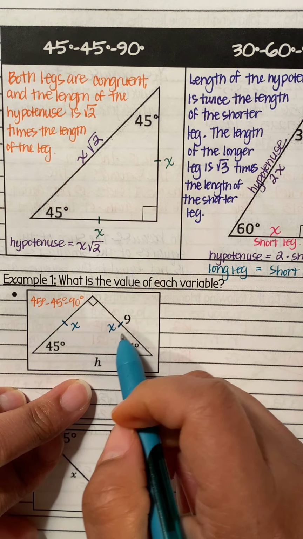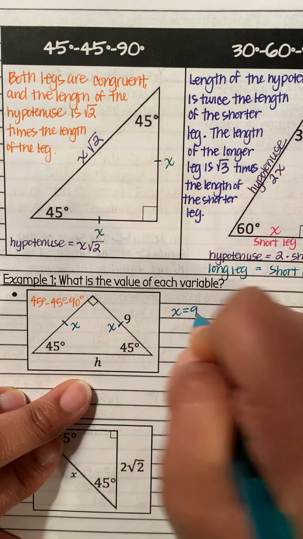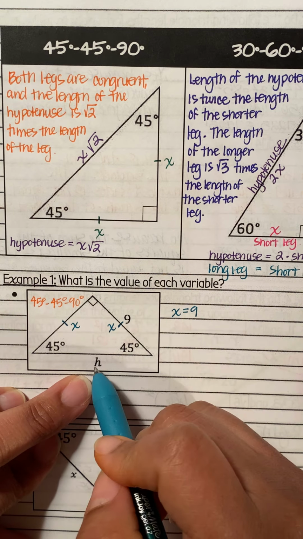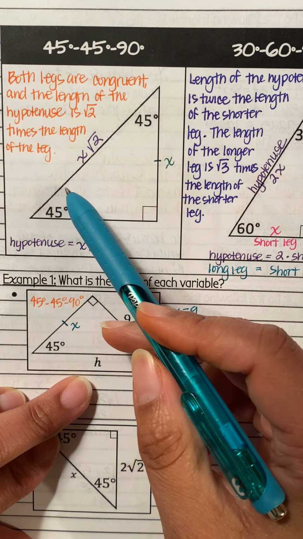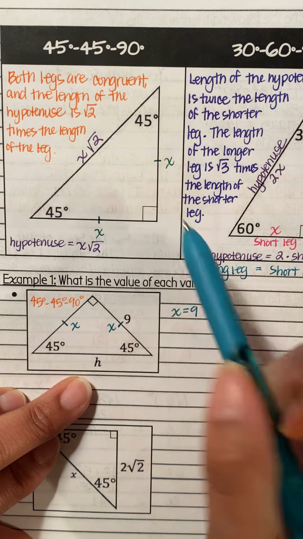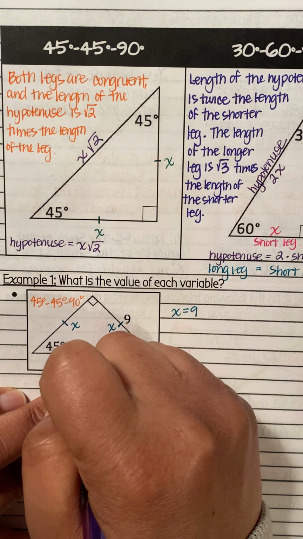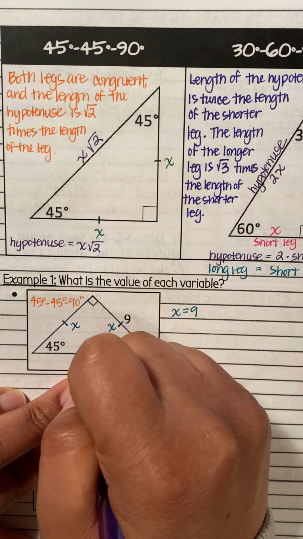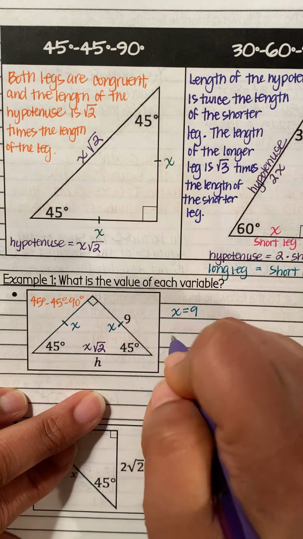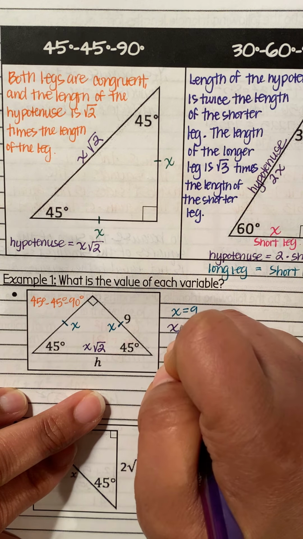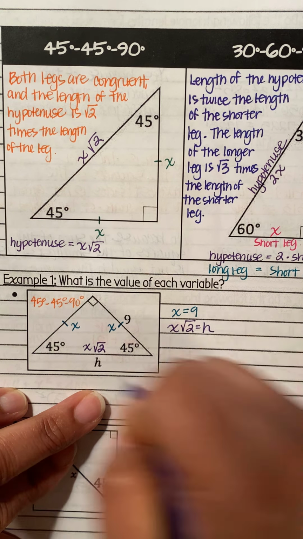I already know that this is equal to 9, so I know x is equal to 9. Now, my hypotenuse, we learned, is going to be x times the square root of 2. Well, if I know my x is equal to 9, I'm going to write x times the square root of 2 is equal to my h.